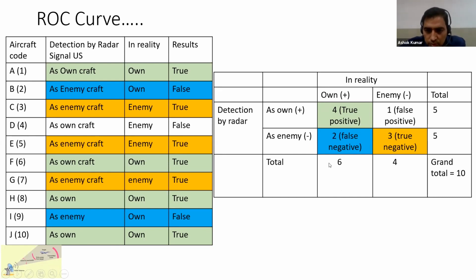Here this is a false negative because enemy is a negative, and it was detected by the radar as enemy, but in reality these are positive. So detected by radar as enemy is a false negative, and this is a true negative. There are 3 detected by radar as enemy craft, and in reality they were enemy craft. So there are 3. So it's a true negative.